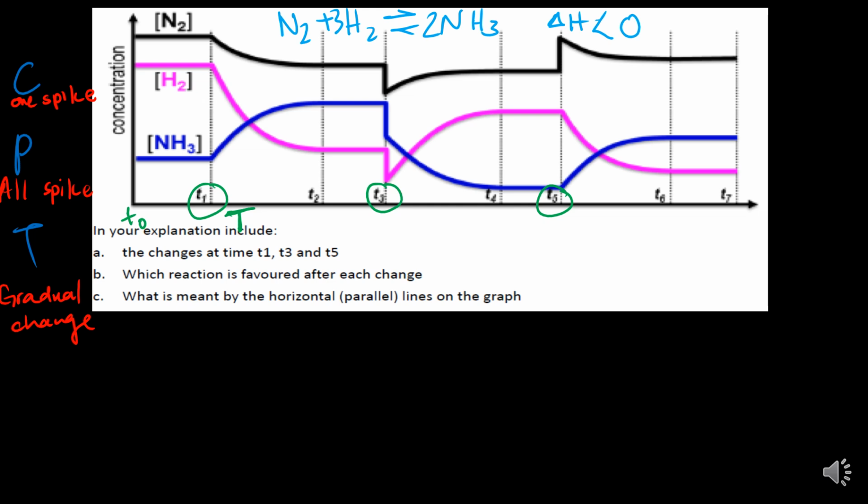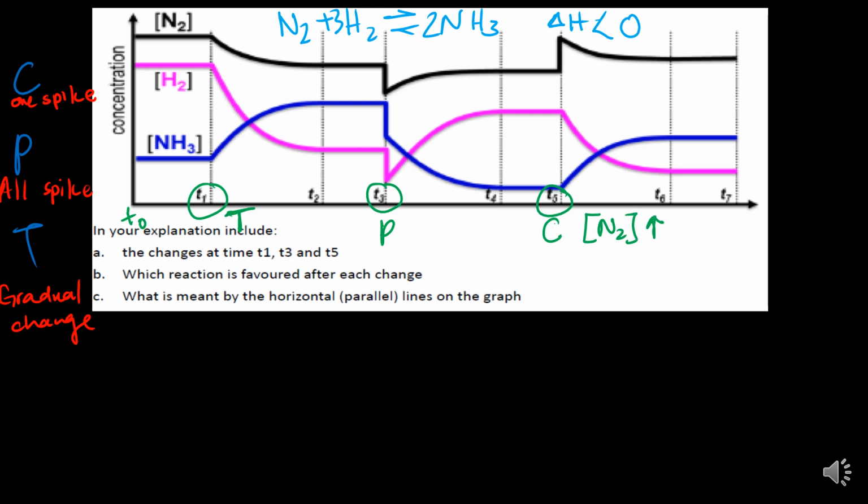Then at T3, there is a sharp increase or rather decrease in all the reactants and in the product, right? So the change that happened here is pressure. Then at T5, there's only a sharp increase in the concentration of N2, which means that the concentration of N2 was increased, right?